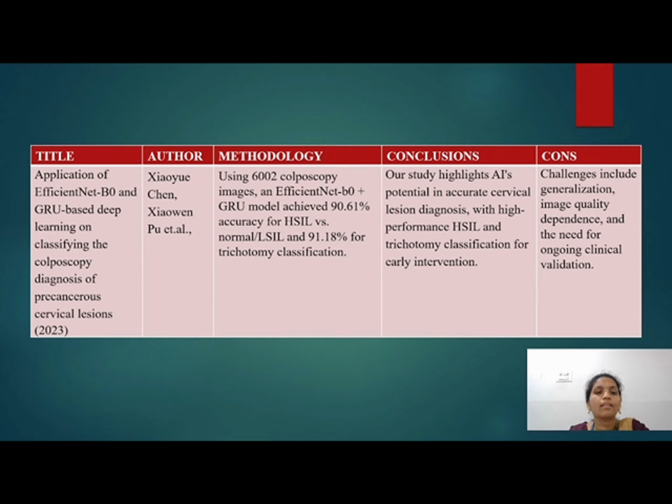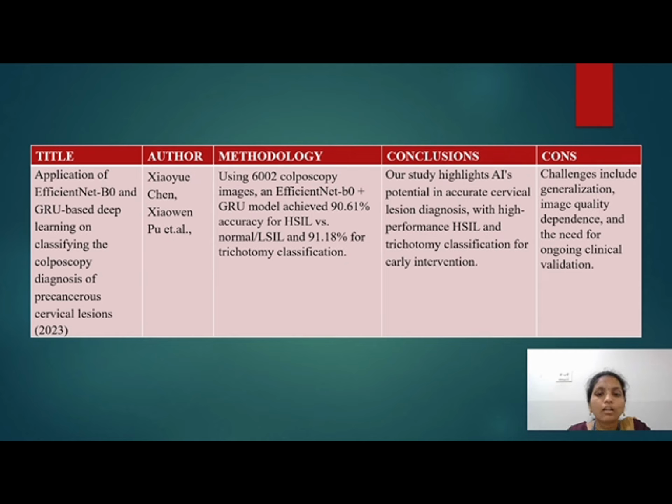Let's consider the application of EfficientNetB0 and GRU based deep learning on classifying the colposcopy diagnosis of precancerous cervical lesions. In this, the researchers collected 6,002 colposcopy images, and they used a hybrid deep learning model combining EfficientNetB0 and GRU, that is gated recurrent unit.